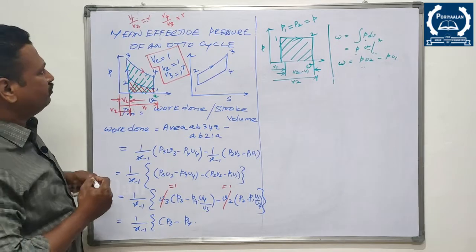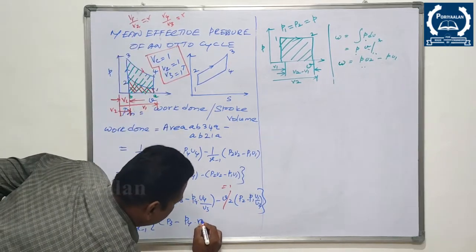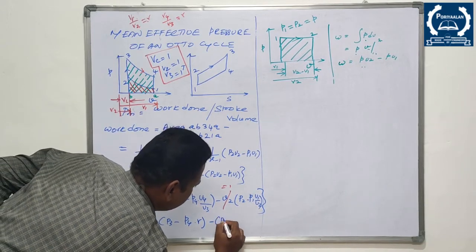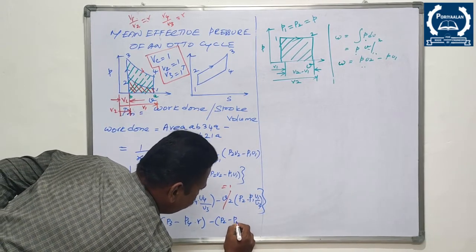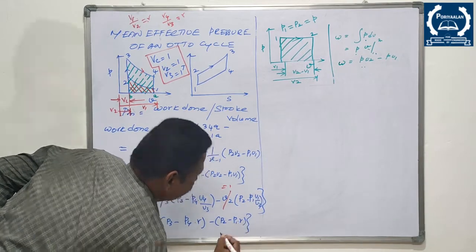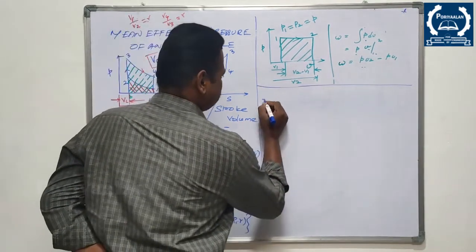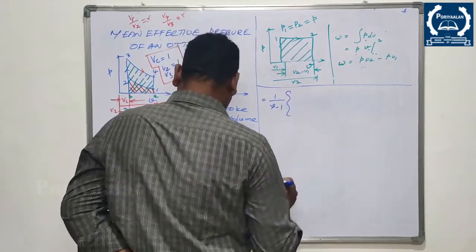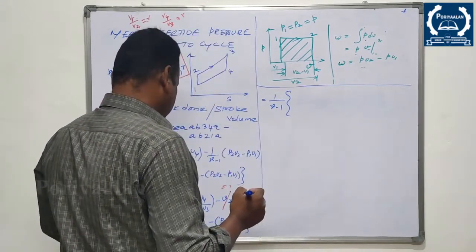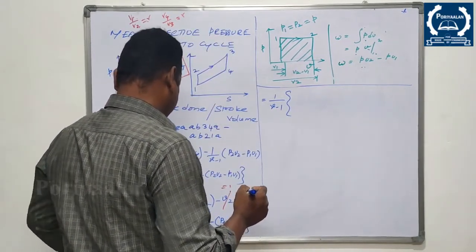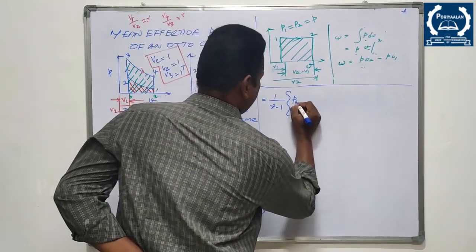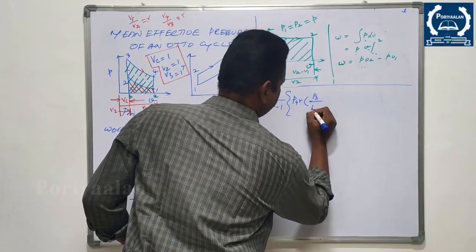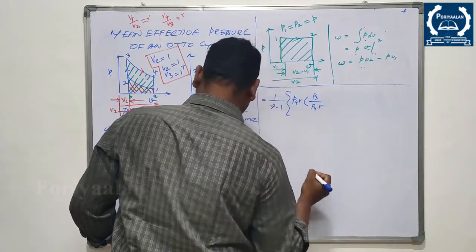P4 multiplied with V4 by V3 is nothing but R, minus of V2 we have eliminated already, P2 minus P1 R. So coming to this, 1 by gamma minus 1 multiplied with, what I am doing now is I am taking P4R from these two factors, right? P4R, so P3 by P4R will become at this place, right?